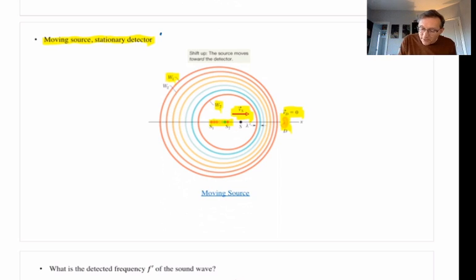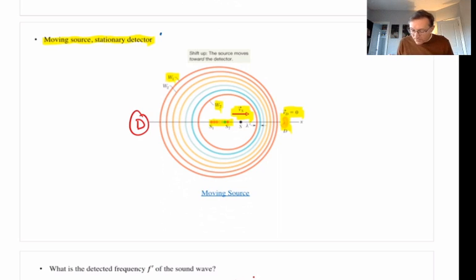If the detector, I'll just call it D, were over here to the left of the moving source, then the source would be moving away from that detector, and that detector would be experiencing more spread out wavefronts. What does the spacing of the wavefronts affect? It affects the wavelength of the waves, because that's what the wavelength is, the distance between two neighboring wavefronts.